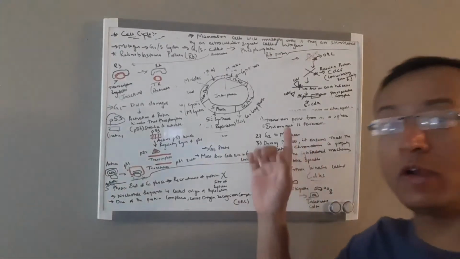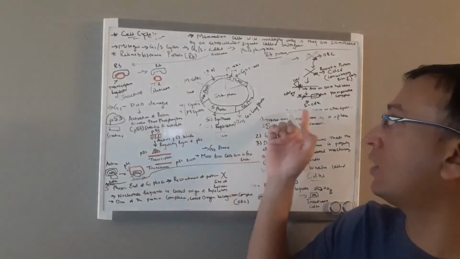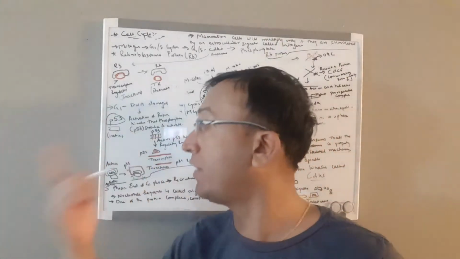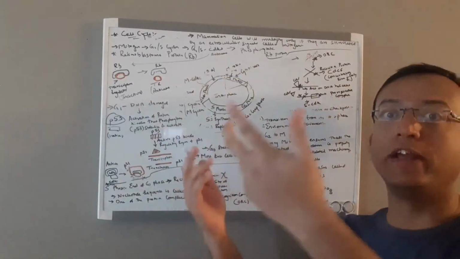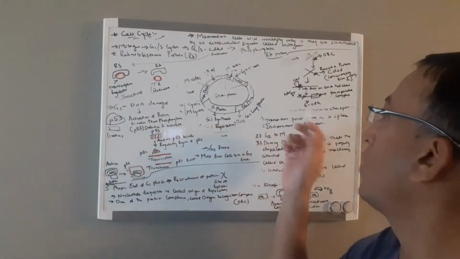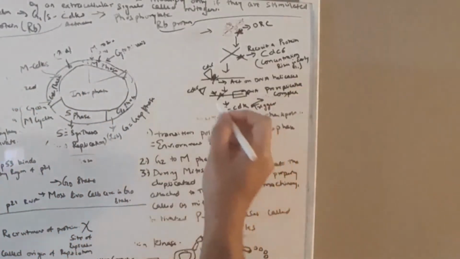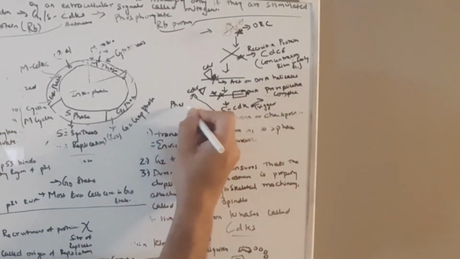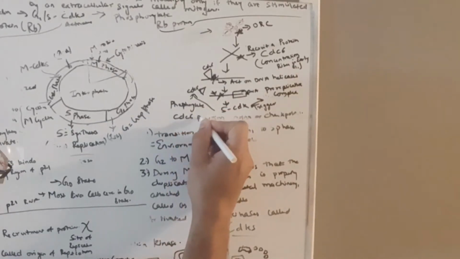But SCDK not only triggers the initiation of DNA synthesis at a replication origin, it also helps prevent re-replication. It's not that in this cycle the DNA is replicated again, so that there are two DNA replications. It does this by phosphorylating. So this SCDK also phosphorylates the CDC6 protein.